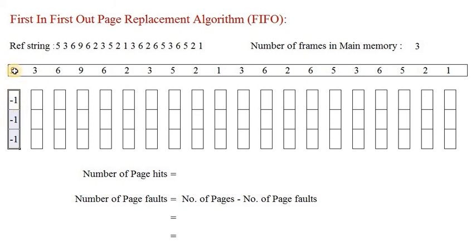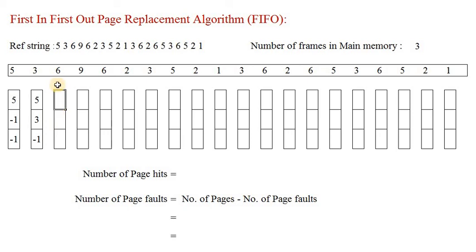Here -1 indicates a free frame, so I am inserting 5 into the main memory like this. In the second iteration, 5 is already inserted, so now I am inserting 3, and the next frame is empty. In the third iteration, I am filling 6 into the main memory.